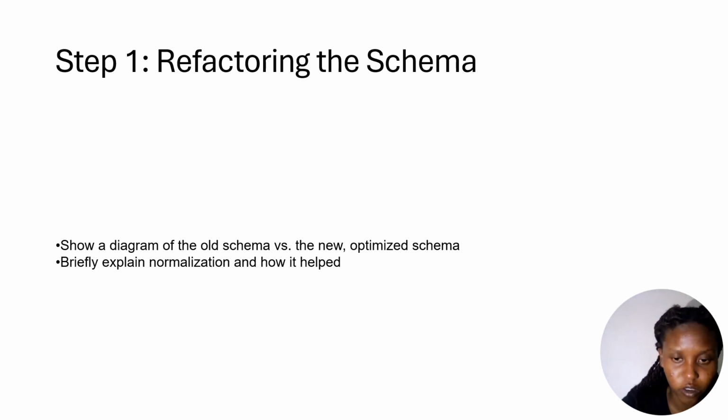According to me, if I remember well, normalization helps to reduce redundancies, some repetition of data. So I had to normalize my tables in my database. That is the old schema versus the new one, and I had to compare the changes.